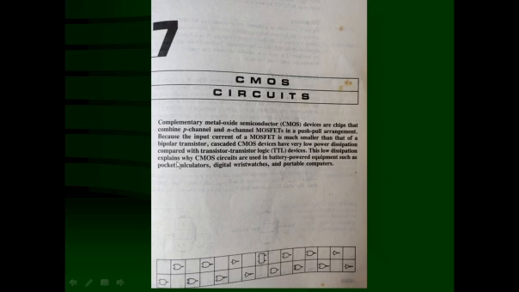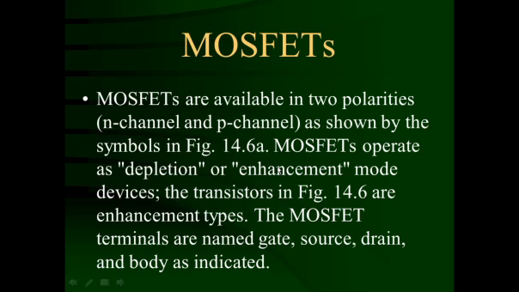This low dissipation explains why CMOS circuits are used in battery powered equipment such as pocket calculators, digital wristwatches and portable computers. Where a battery is used, less power dissipation is required, so CMOS technology is used, because in CMOS the power dissipation is very low compared to TTL circuits. Remember, this is the advantage of CMOS.